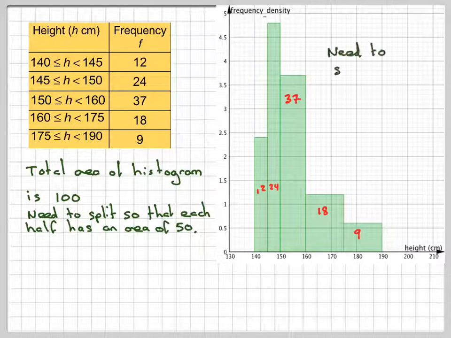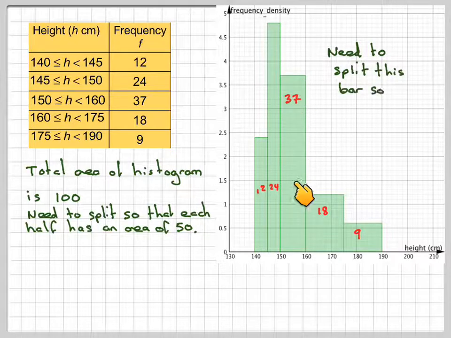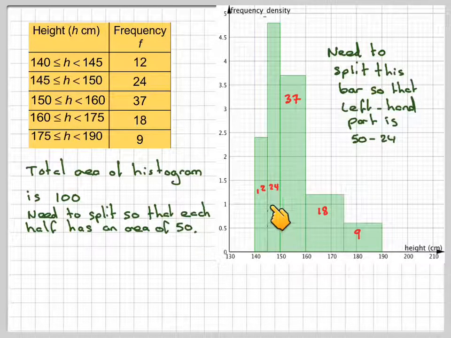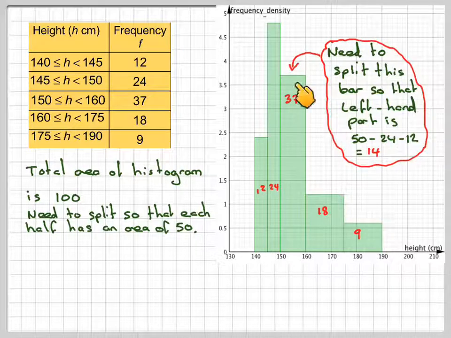So if we now look at this bar here, we will need to split this bar so that the left hand has 50 minus 24 minus 12, which will be equal to 14. So we need to find the line down here where the area is represented by 14 on this side. And on the other side of that line, we're going to have an area of 23.